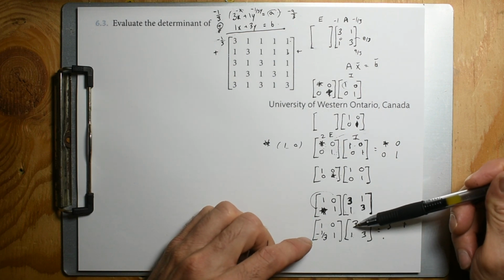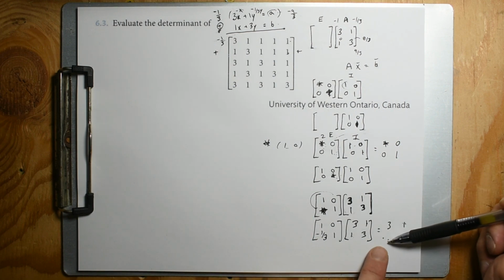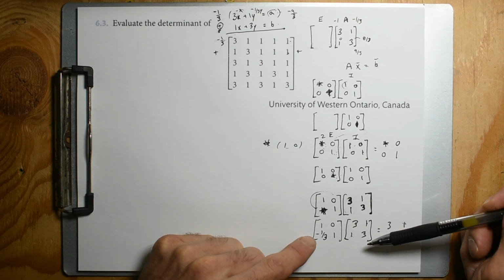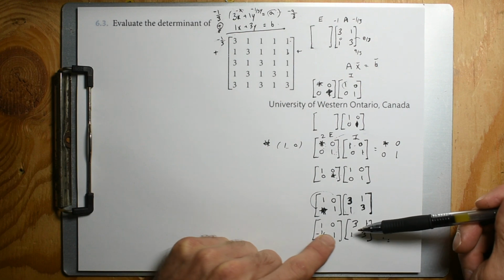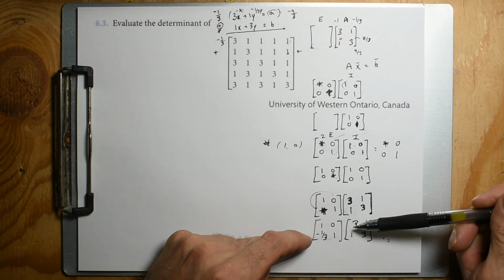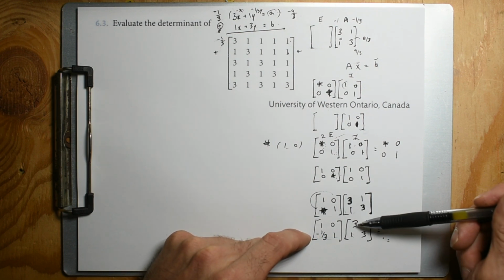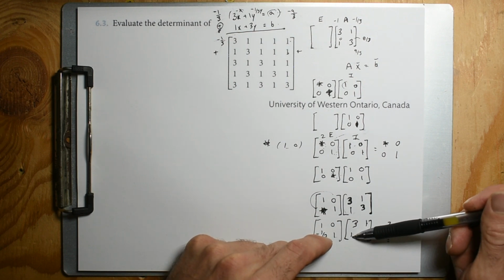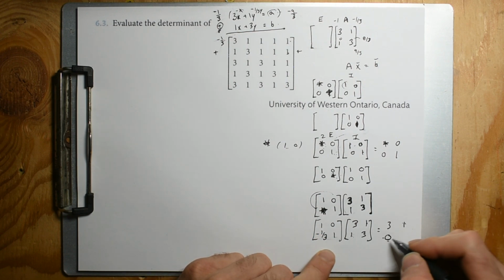Sorry, I haven't done the whole thing. This value right here is in row 2, column 1. So I'm going to multiply row 2 by column 1. So we have negative 1/3 times 3 is negative 1, added to 1. So we get 0, and that's what we wanted.